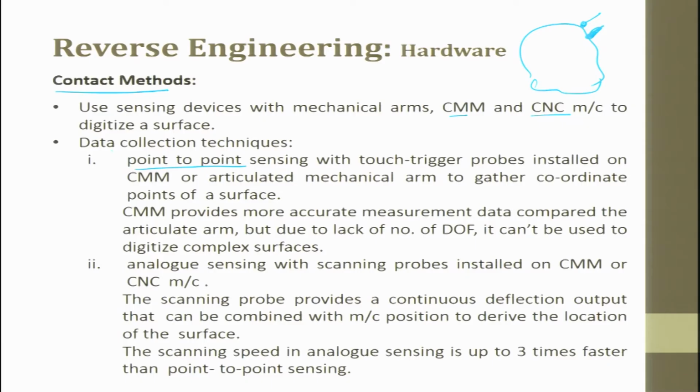As I told you earlier, when you touch, suppose there is a contact circuit here, this circuit breaks and then you get the XYZ data. The CMM provides more accurate measurement data compared to the articulated arm, but due to the lack of the number of degrees of freedom, it cannot be used to digitize complex surfaces.